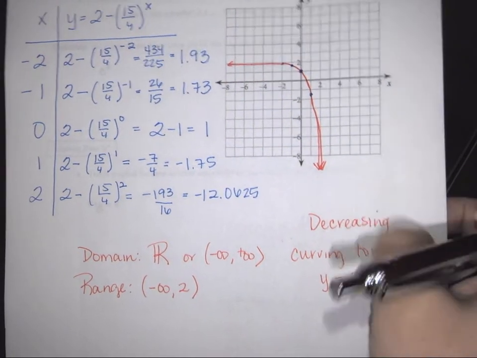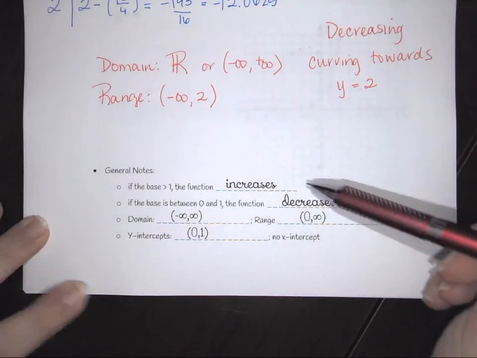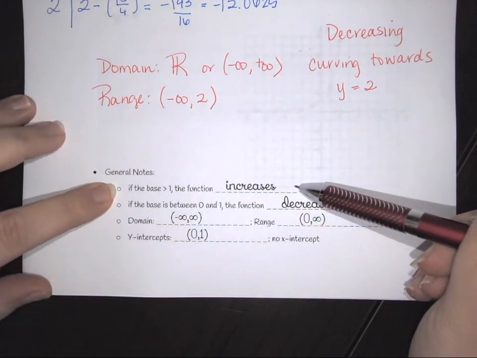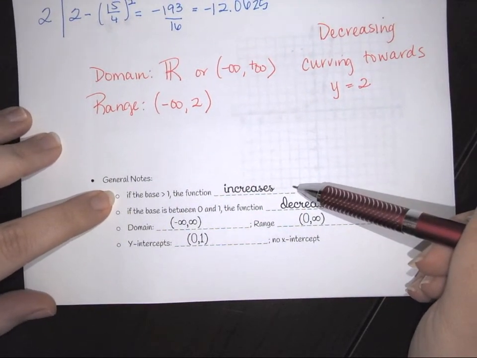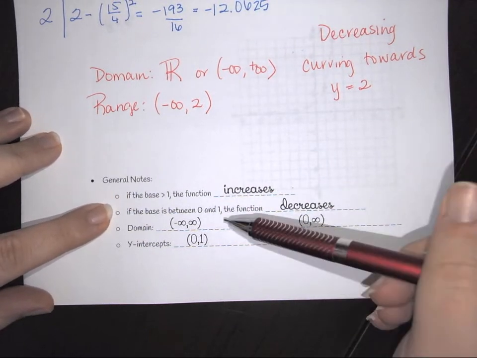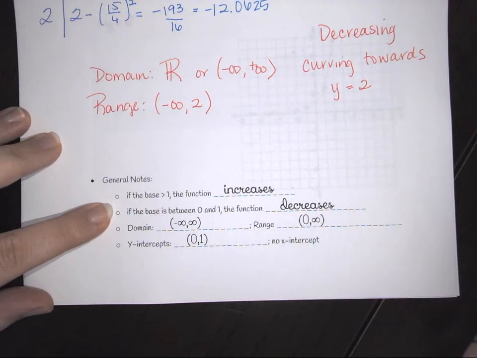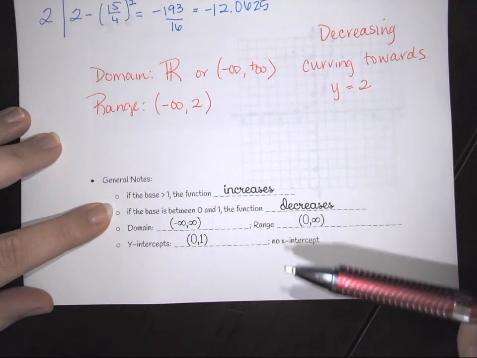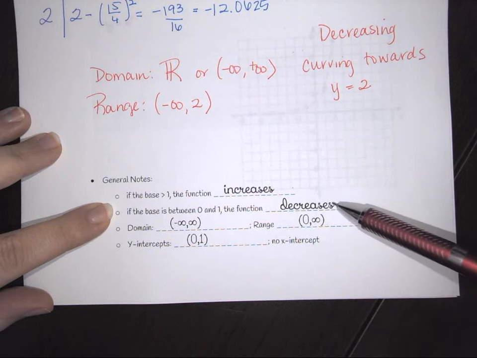So in general, we have a couple comments. So first and foremost, if your base is greater than 1, then your function is forever increasing. If your base is a fraction that falls between 0 and 1, then it is forever decreasing.